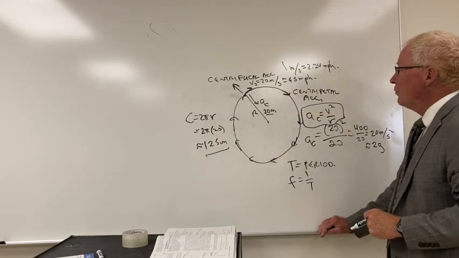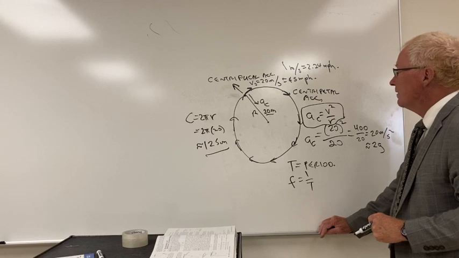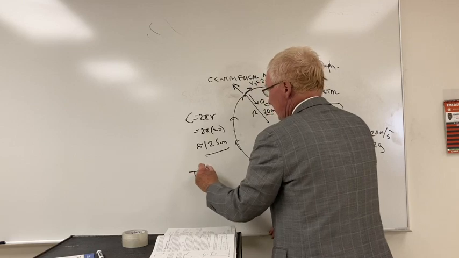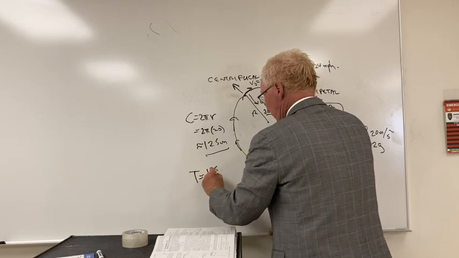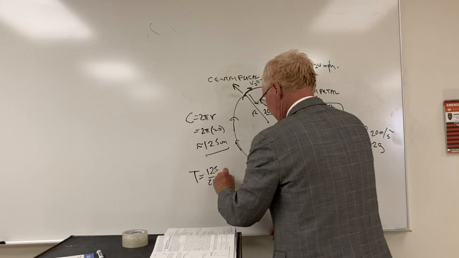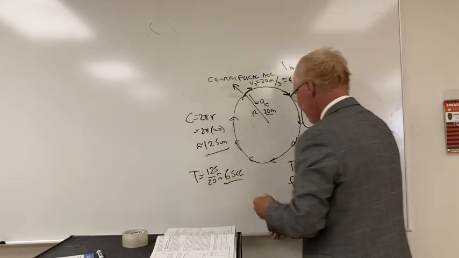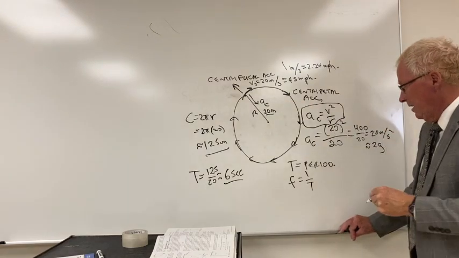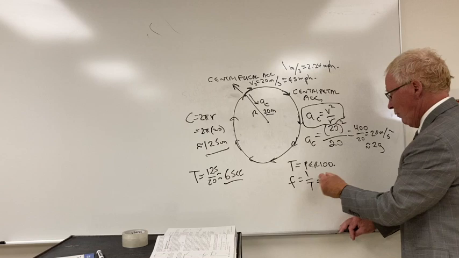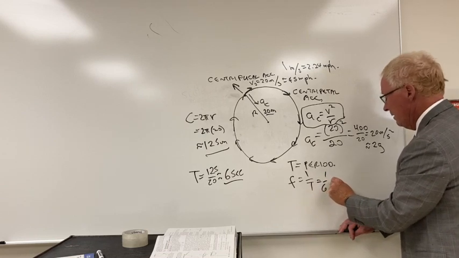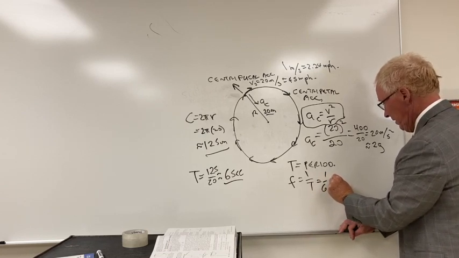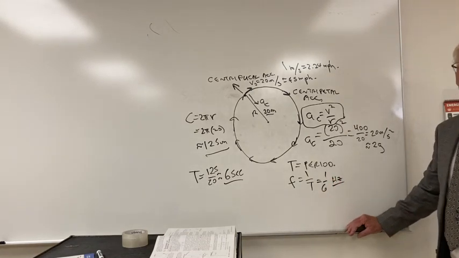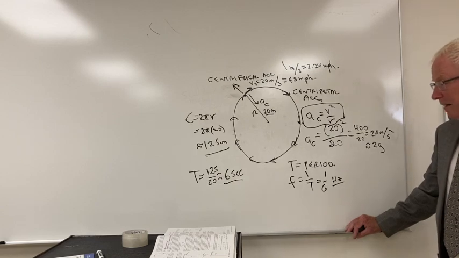And if we're doing that at 20 meters per second, the period would be roughly 125 over 20, which is roughly 6 seconds. So you'd be going around a circle once every 6 seconds. And then the frequency would be 1 over the period, so that's 1/6 hertz. We'll get into this more later when we do rotational motion in, I believe, chapter 8.